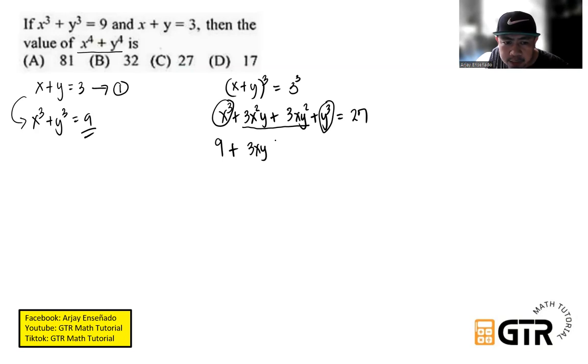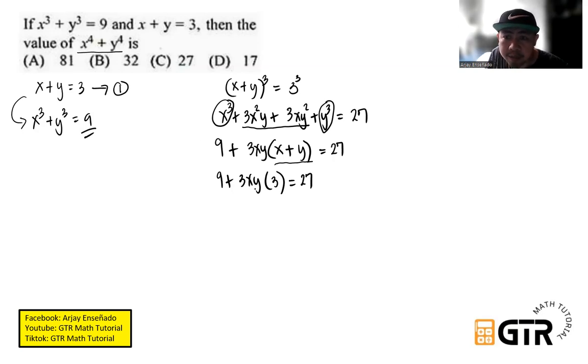So factor out 3xy, we have x plus y equals 27. Then substitute the value of x plus y, which is equal to 3. So we have 9 plus 3xy times 3 equals 27. So we can solve the value of xy.